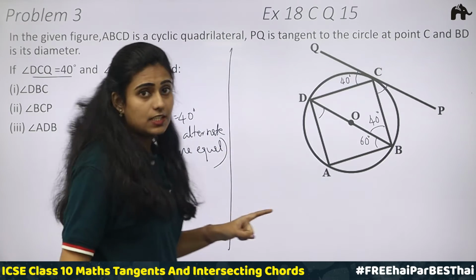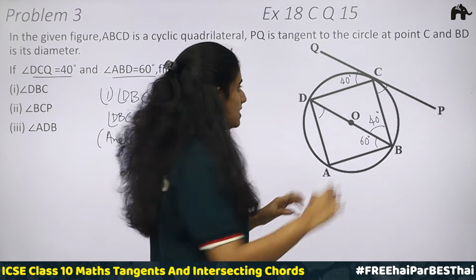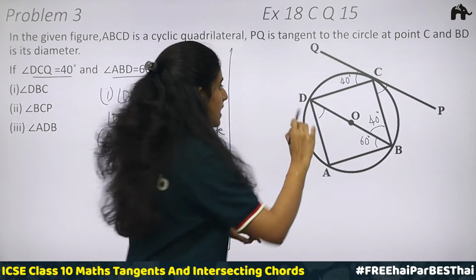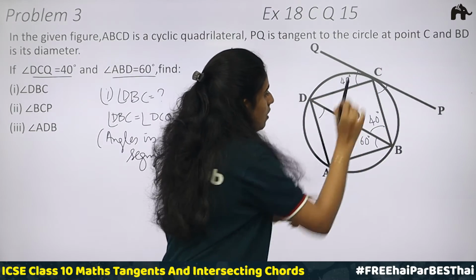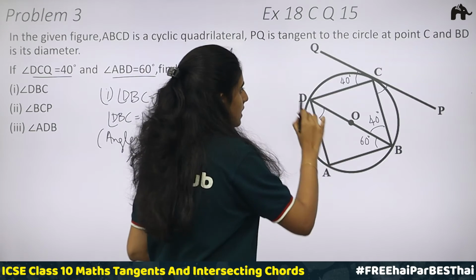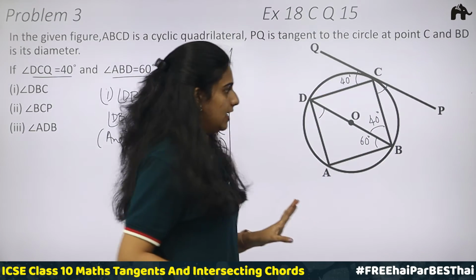When you consider the chord DC and the tangent at the point of contact C makes an angle of 40 degrees, the same chord in the alternate segment subtends an angle of 40 degrees. Therefore, angle DBC will be equal to 40 degrees.